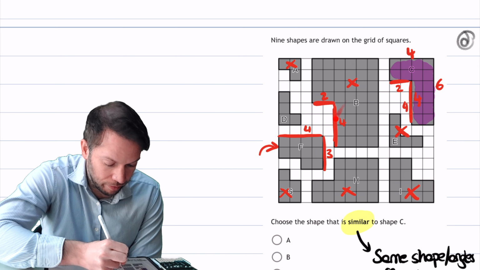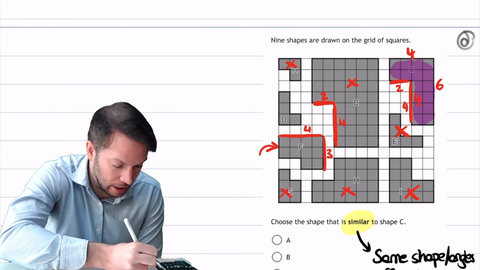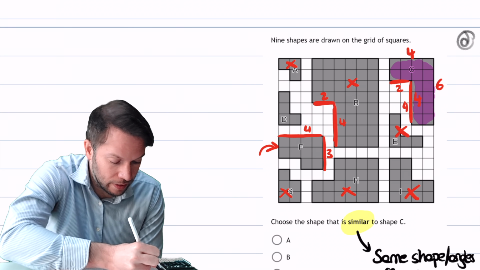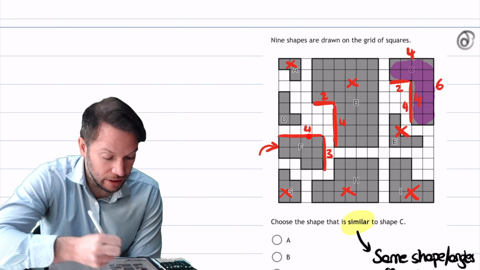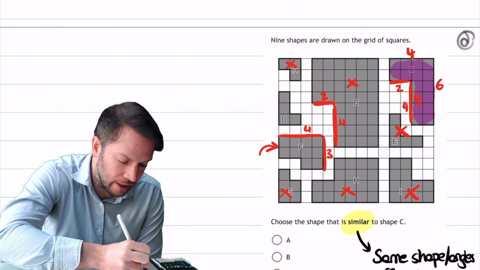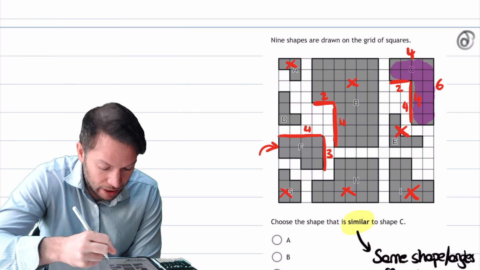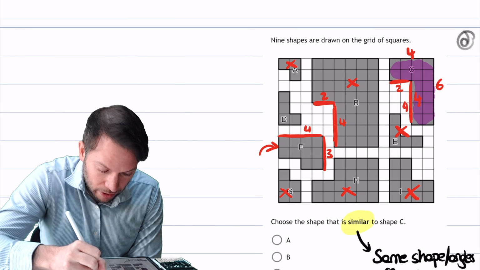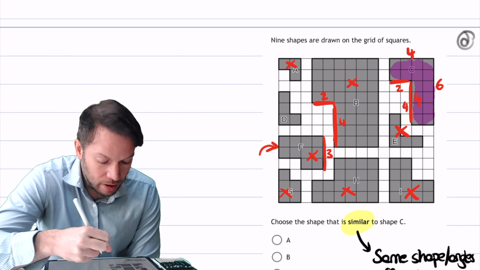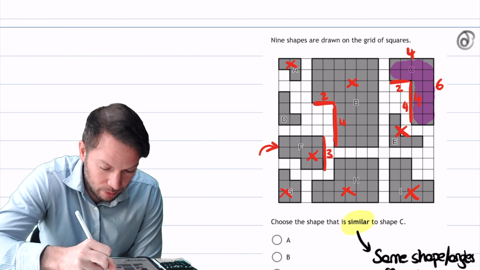So to get from 4 to 3, it's 3/4 of the size. But to get from 6 to 4, that's not 3/4 of the size. So that doesn't work. And you can see that this is just not the same shape as this one. So we can eliminate that one. So we've only got one left now. So it must therefore be D, which is here.